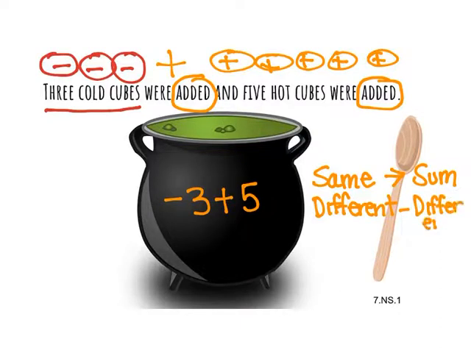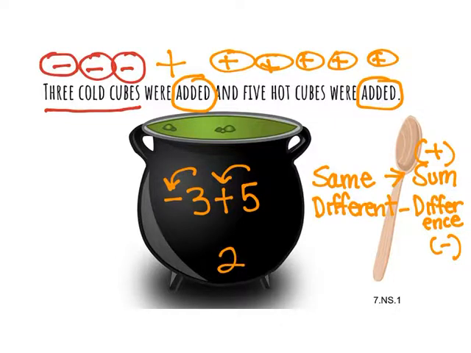And y'all, I'm about to run off this page here, okay? So same means sum. You're going to add. Different means difference, okay? Let's look here. Are these signs the same or are they different? You're right, they're different. So we subtract. We can't say 3 minus 5, so we say 5 minus 3. And we know that 5 minus 3 is what, class?